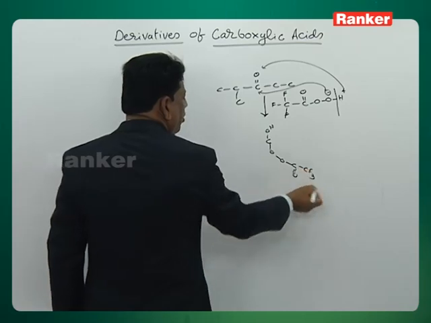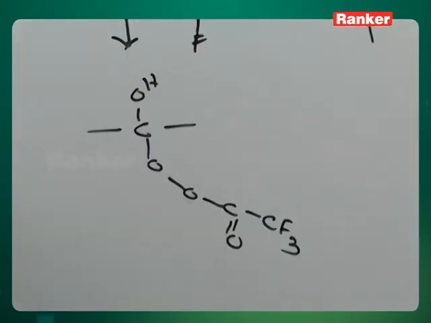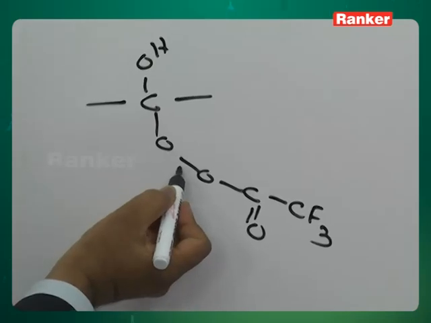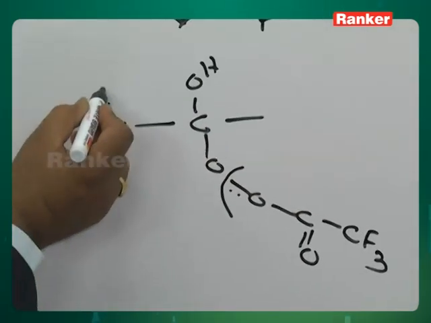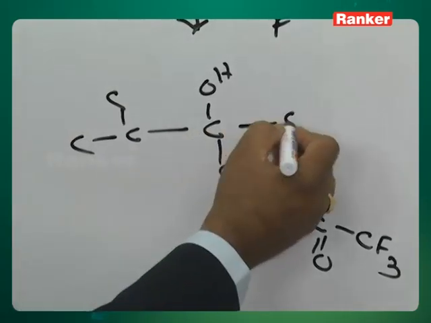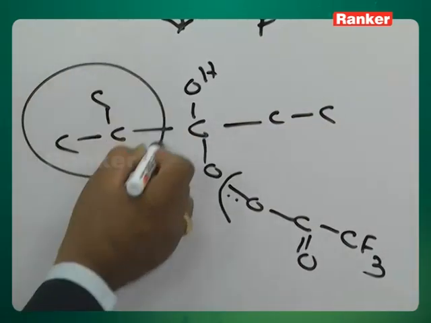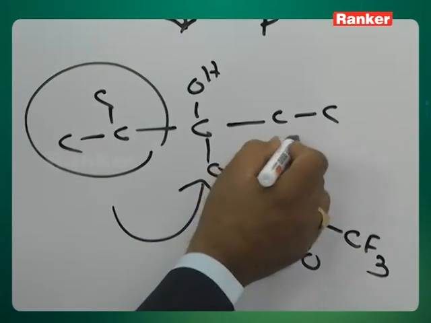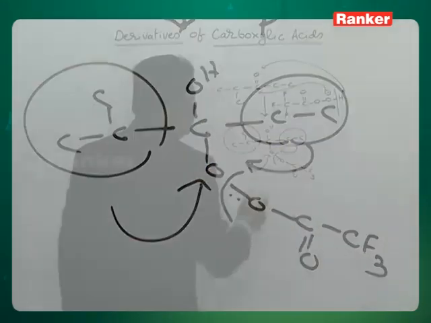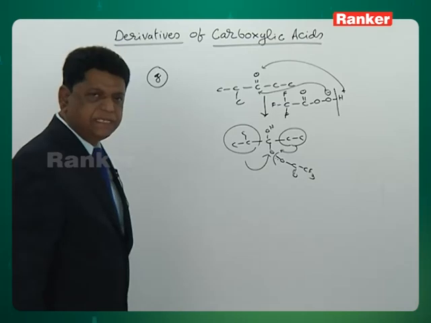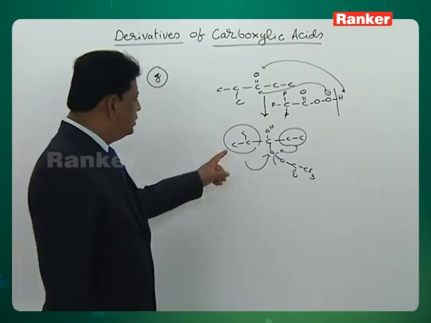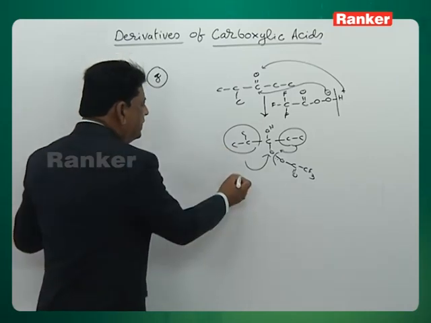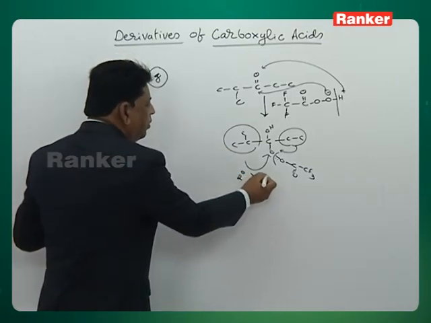Because of the strong minus I effect, what happens? This will take these two electrons and leave. A deficiency is formed, and on the electron-deficient oxygen, one of the alkyl groups will migrate. Out of the two groups, both have the same chance, but according to the migration aptitude, isopropyl, a secondary group, is a better migrating group than the primary one.